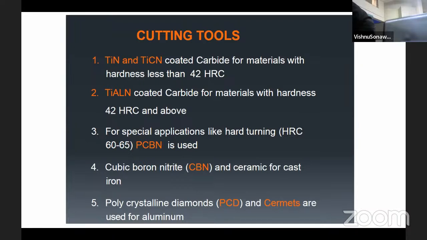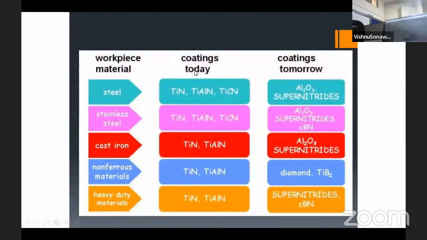Polycrystalline diamond and ceramic materials are used for aluminum, right? These are some workpiece materials, and coatings are required on the cutting tool material. And in future, some coatings will be applied onto the cutting tool material.